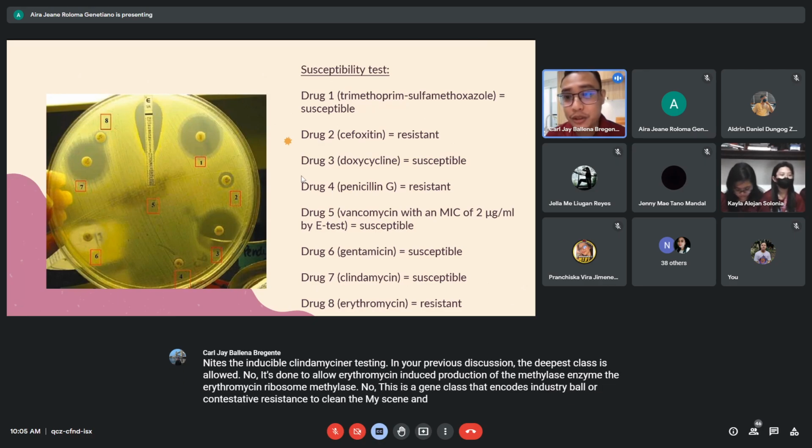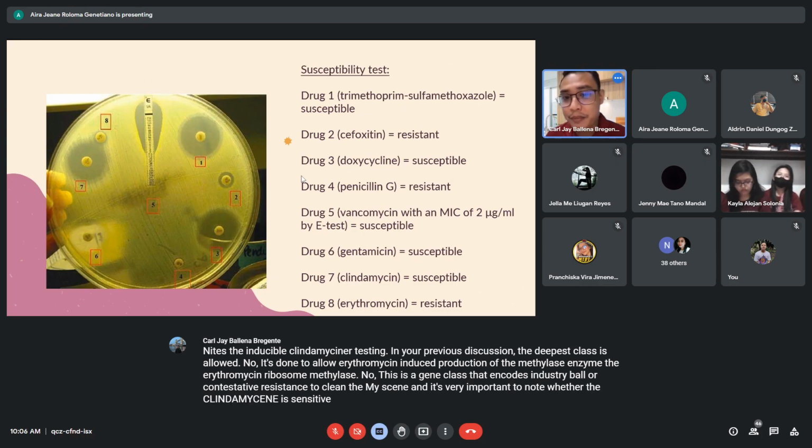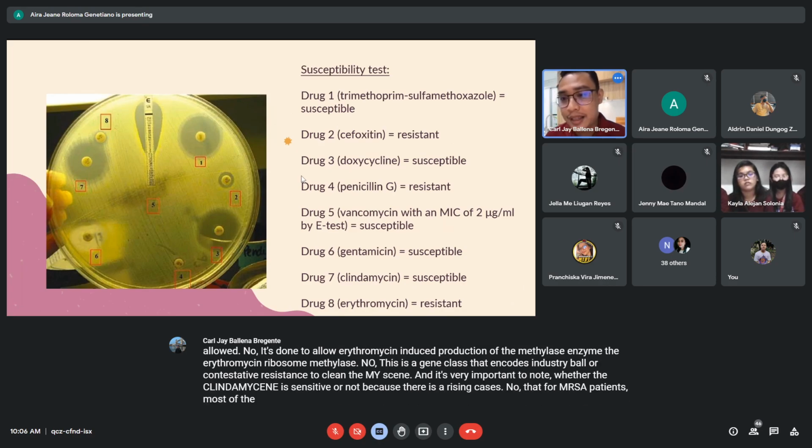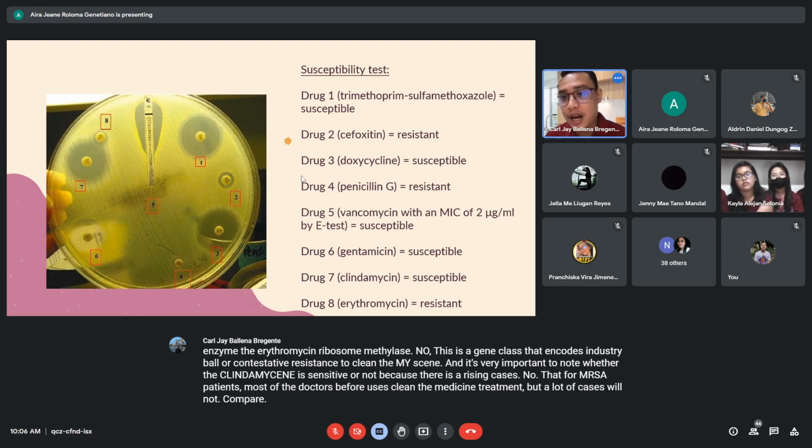It's very important to note whether the clindamycin is sensitive or not, because there are rising cases that for MRSA patients, most of the doctors before used clindamycin as treatment, but a lot of cases will not give good results to clindamycin.